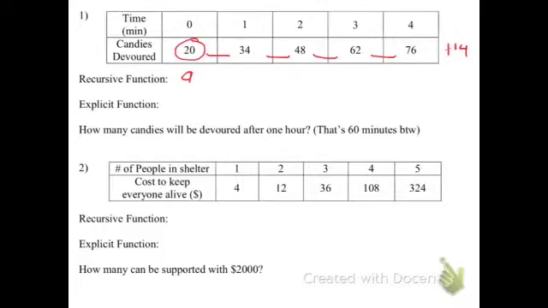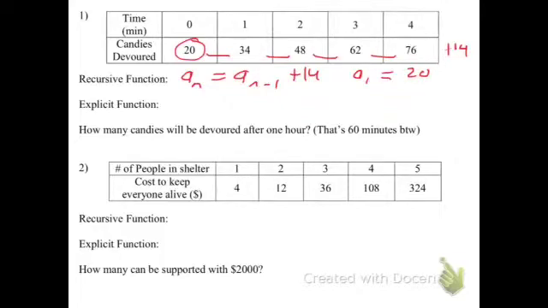It's the first number in our sequence. So our recursive function looks the same as it has on our previous assignments. A sub n equals a sub n minus 1, as in a number is equal to the previous number, plus 14. And our first number in the sequence is 20.